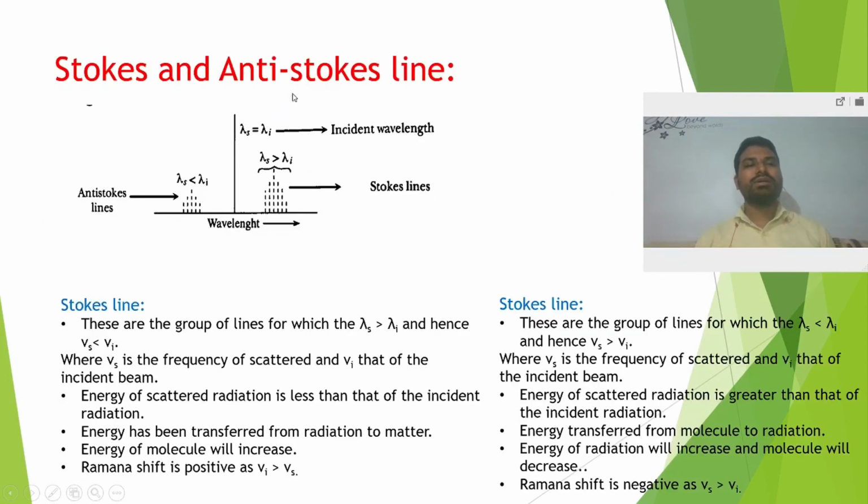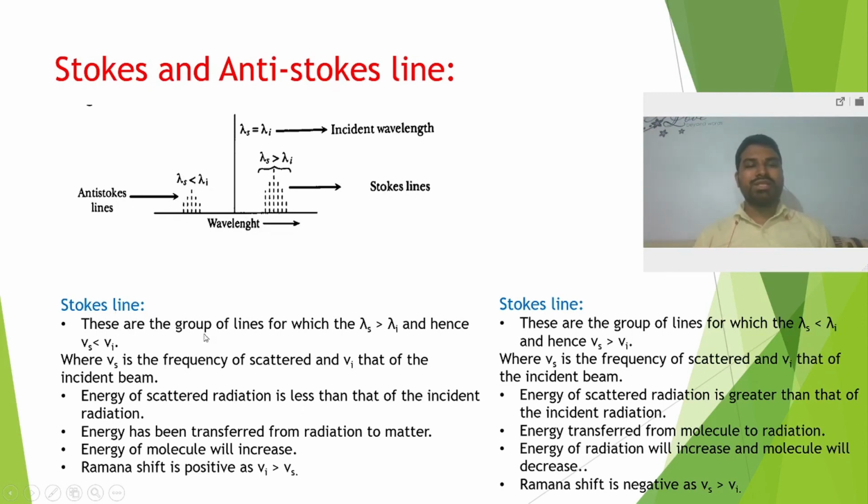In Raman scattering, there will be Stokes and anti-Stokes lines. Lambda s equal to lambda I, the incidence wavelength, is Rayleigh. If lambda s is greater than lambda I, it is the Stokes line, and if lambda s is smaller than lambda I, then it is the anti-Stokes line. This is the scattered wavelength and incidence wavelength we are talking about.